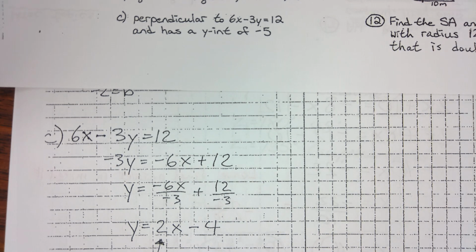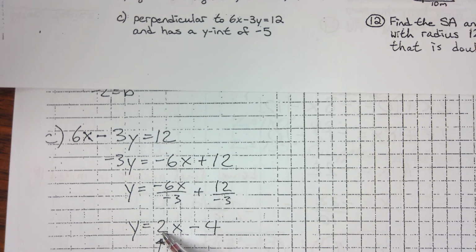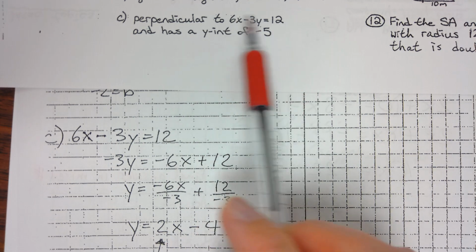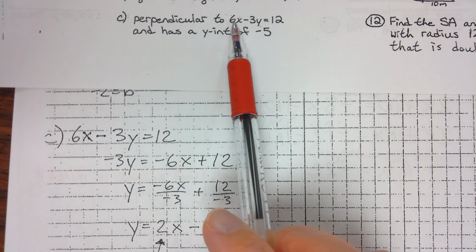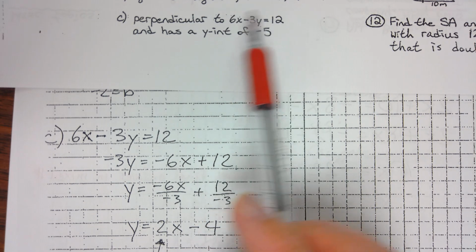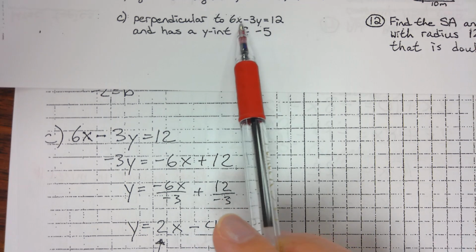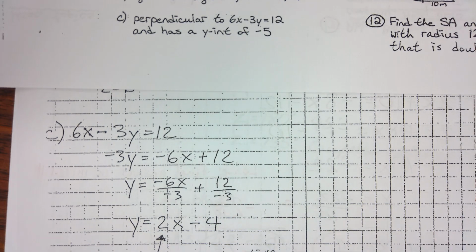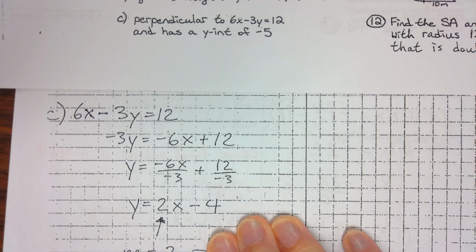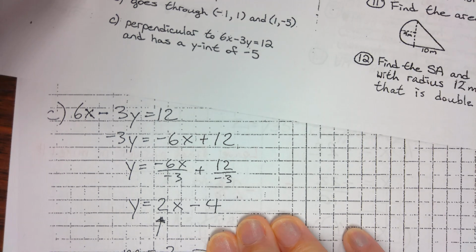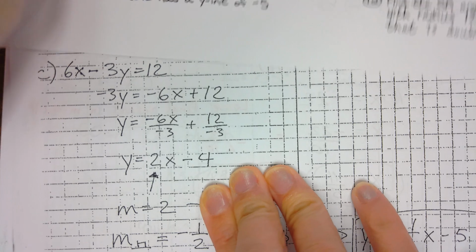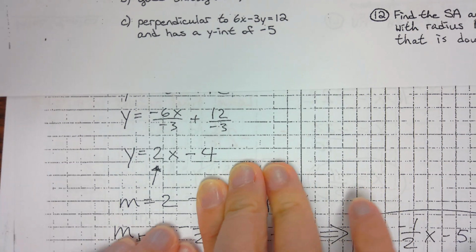So I can see what my slope is. A lot of people make the silly mistake. They see this equation and they say that 6 is the slope because they see the number in front of x. This is not in y equals mx plus b form. So now that we know what our slope is, 2. All right, our slope is 2.